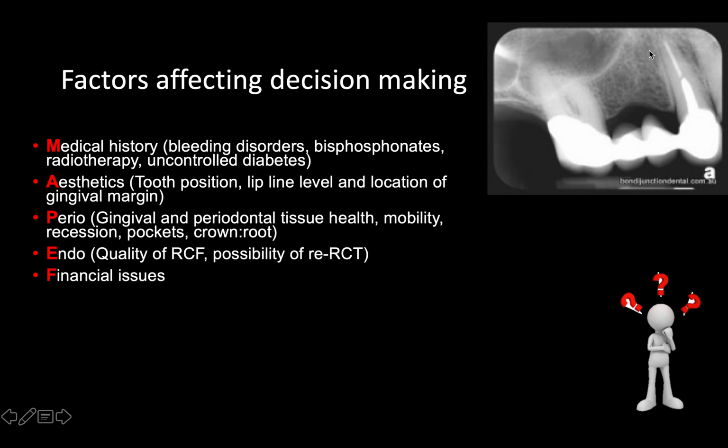If this patient developed signs of apical periodontitis on the mesial abutment, then we should inform the patient that if we're doing a non-surgical approach, we need to dismantle the coronal restoration, which means that they may lose the bridge. We need to remove the post, and there is a risk of root fracture when removing the post. We should do a root canal retreatment, and then afterwards reconstruct the coronal restoration, so putting a new post and a new bridge.